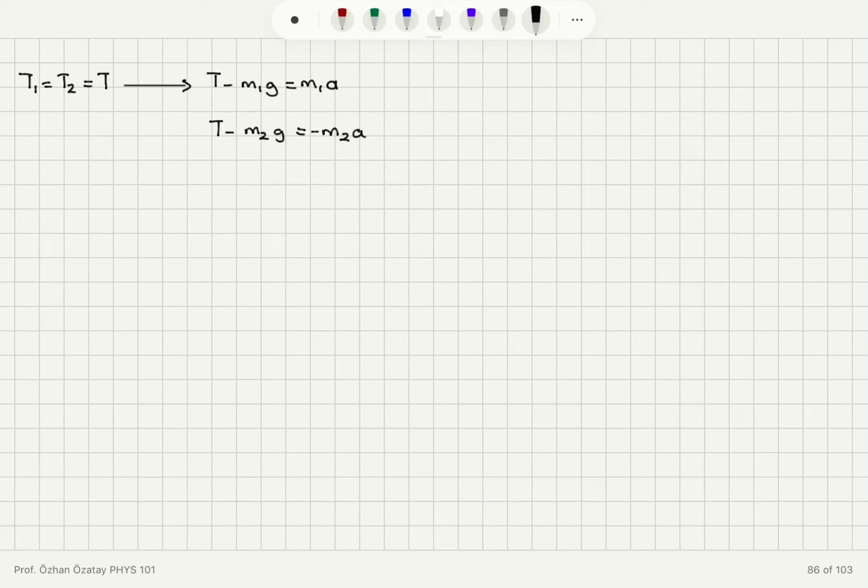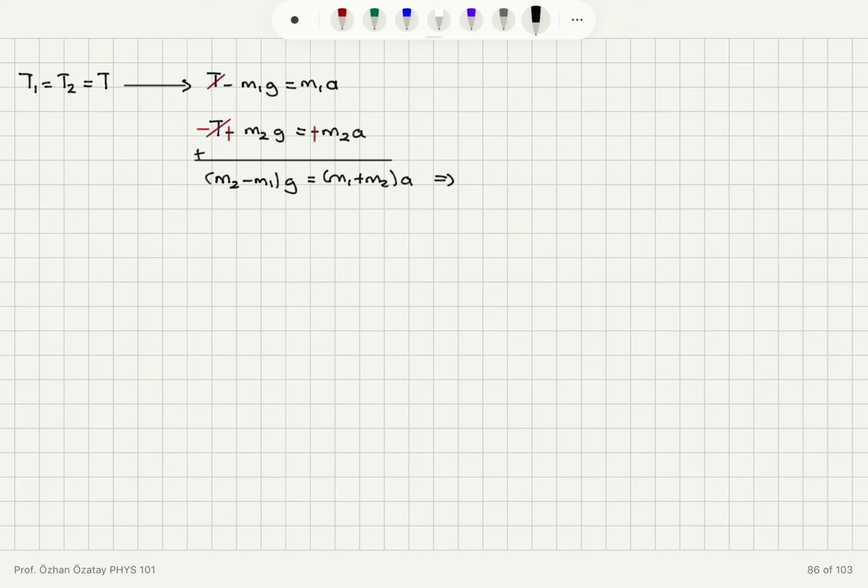So we add these two equations. The first thing I can do is multiply the second one with minus 1. So minus T plus M2g equals plus M2a. And the tensions will cancel when I add them up. So I will obtain M2 minus M1 times g equals M1 plus M2 times a.